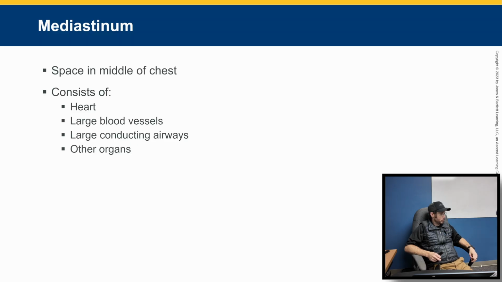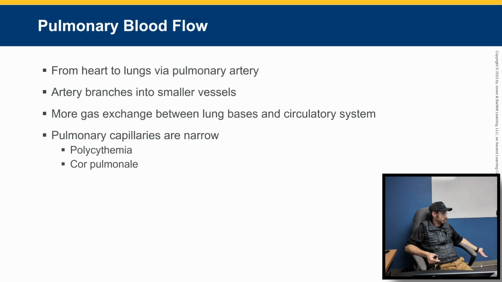You have your large vessels, so you have the aorta and superior and inferior vena cava passing through the mediastinum. Then we have our large conducting airways, so the trachea and the right and left main stem bronchus pass through the mediastinum. And then other pieces of other organ systems, other vessels, pieces of the nervous system, stuff like that.